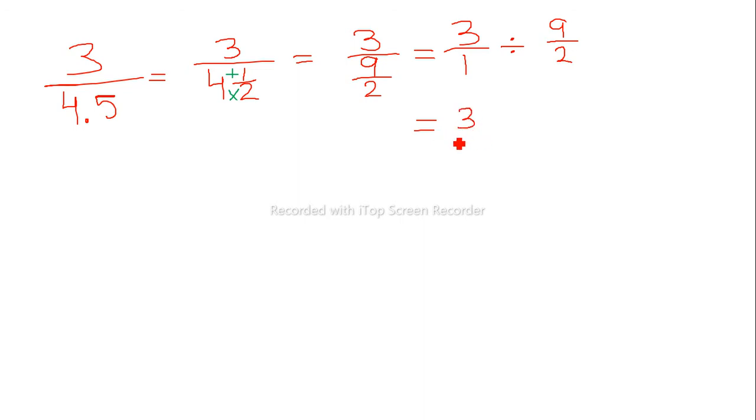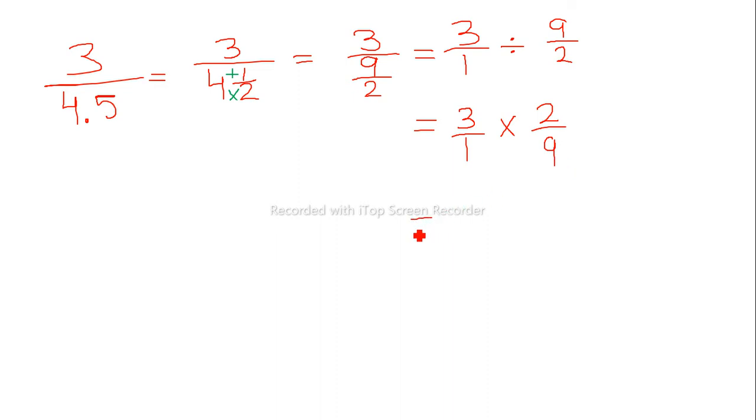How do we divide fractions? We change the division sign to a multiplication sign and make the reciprocal of 9/2, which is 2/9. Very good. So we flip the 9/2 to 2/9.